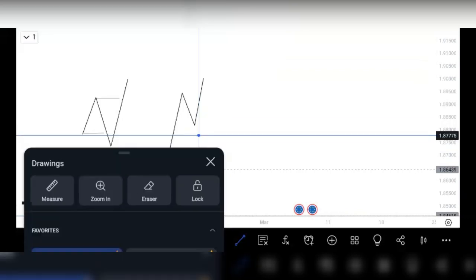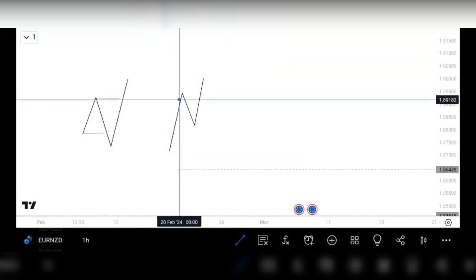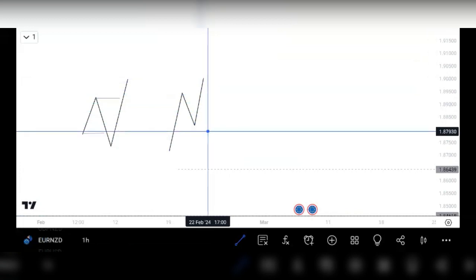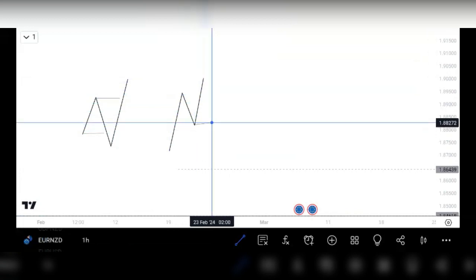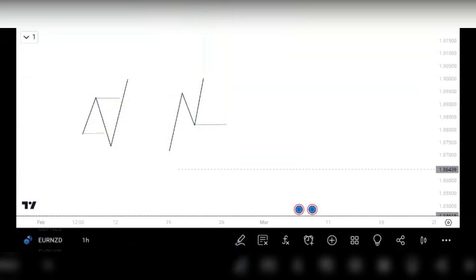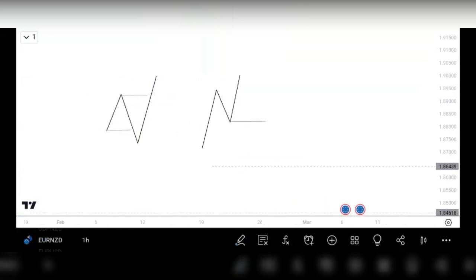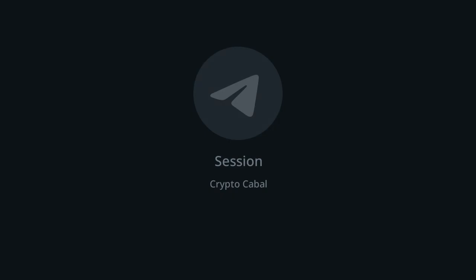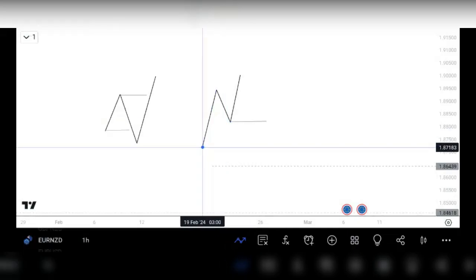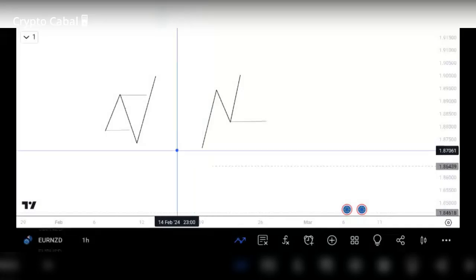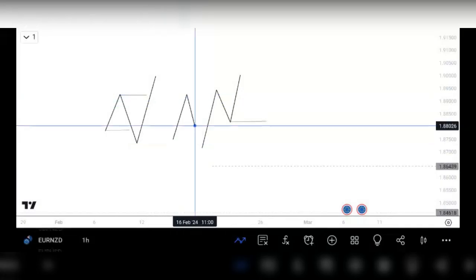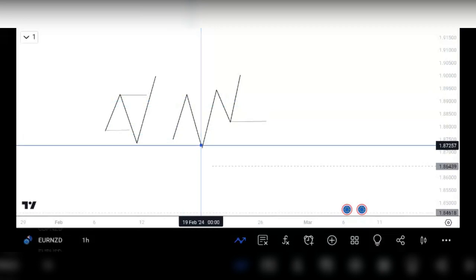And we have this first point as our point A, point B, point C, and point D. We talked about that the point C is always a trap. Now, the point C is known as what? The inducement, right? Now, when we have this type of structure forming, we always want to see that price has already swept liquidity, right? Price has swept the previous low liquidity, and we always have it like this.